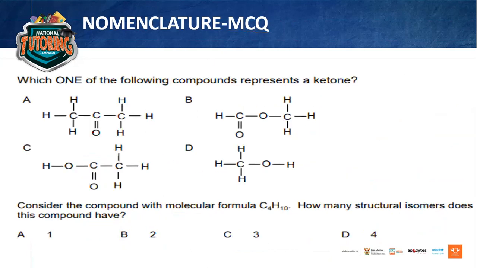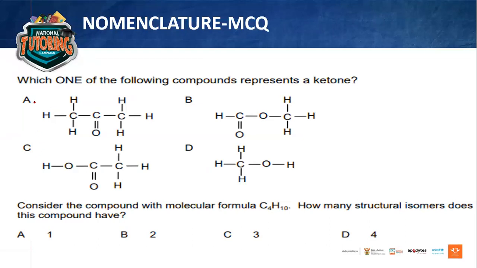Then we go further. They say which one of the following compounds represents a ketone? Remember, a ketone must have a carbonyl group. And the carbonyl group, you must get it between 2 carbon atoms.